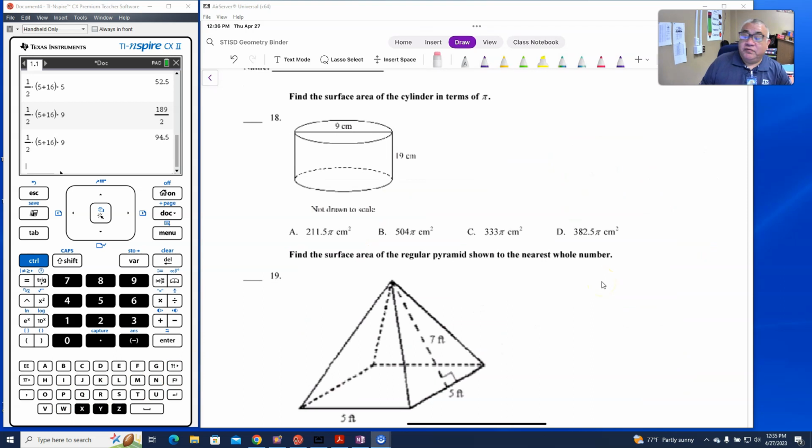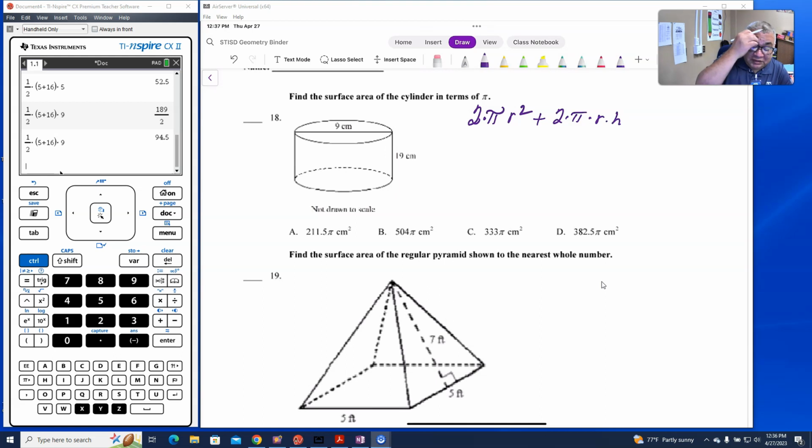To find the total surface area, you have to find the area of the base. In this case, it's a circle, and since you have 2 of them, it's going to be 2 times pi r squared. Plus, you have to find the lateral area, so it's going to be 2 times pi times r times h.